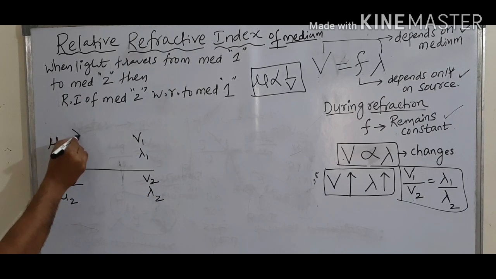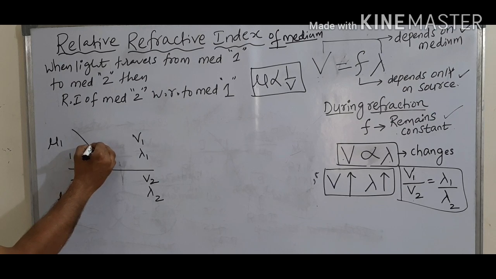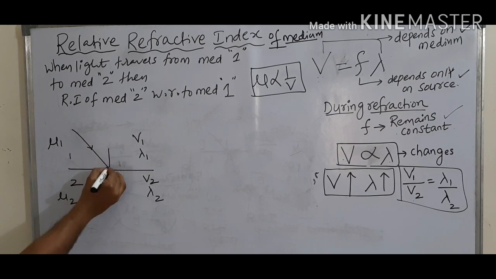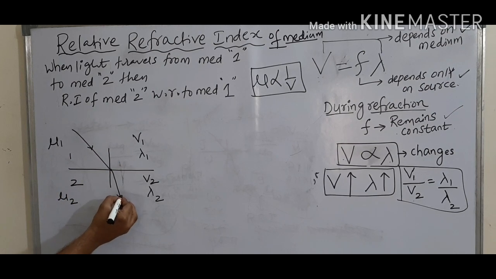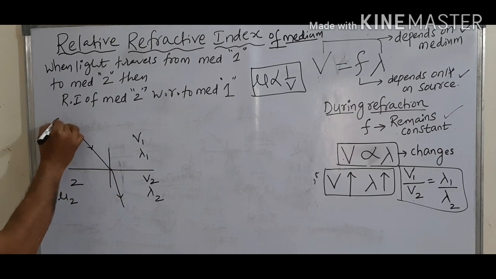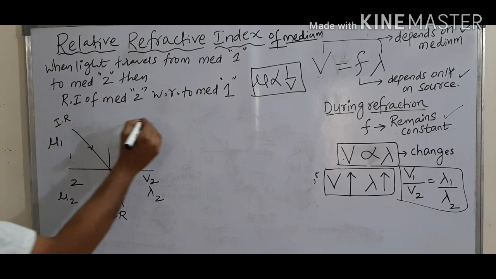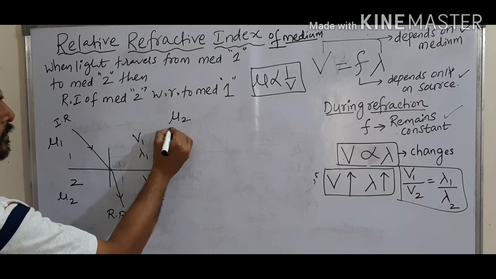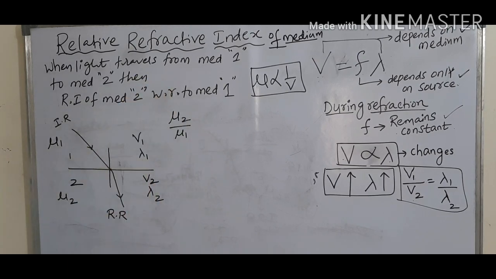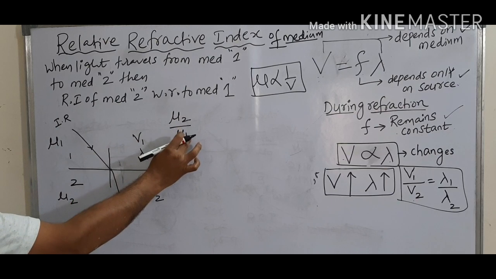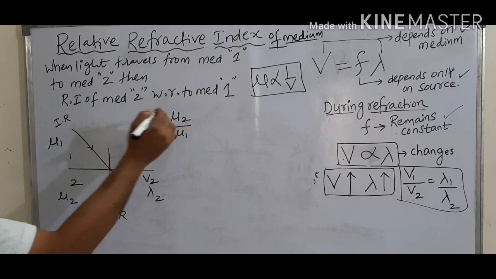Now light is traveling from medium 1 to medium 2. This is the incident ray, this is the refracted ray. The refracted ray is in medium 2, so write mu2 by mu1.